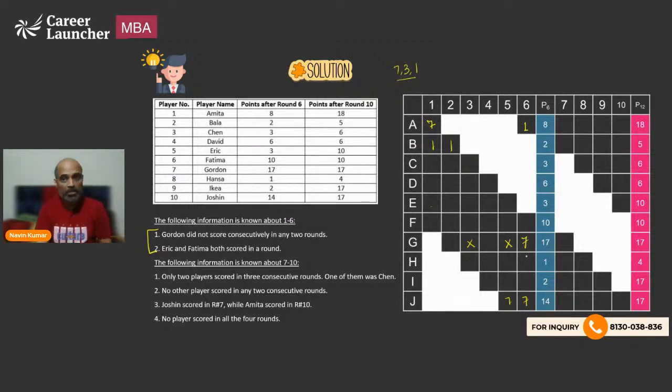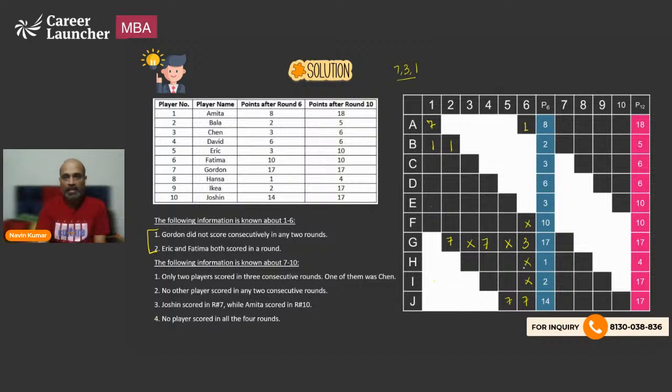That is not allowed. So we can't put 7 here. So this has to be 3. If this is 3, so obviously the 2 7s will come here. Okay. Can we say in round number 6, we know the scores, top 3 scores. So others did not get any. So I will strike it out. I'll put a cross there. Okay. So we need a 3 in first round.